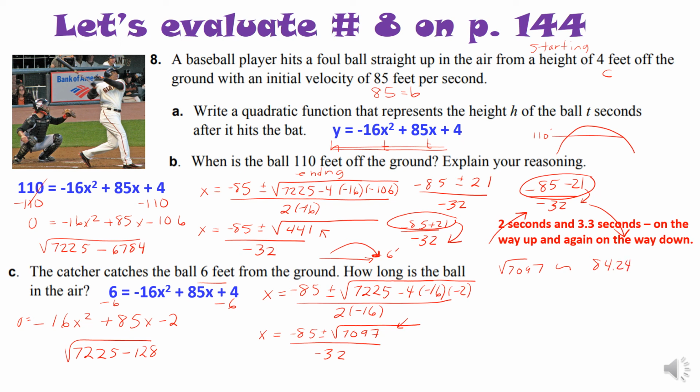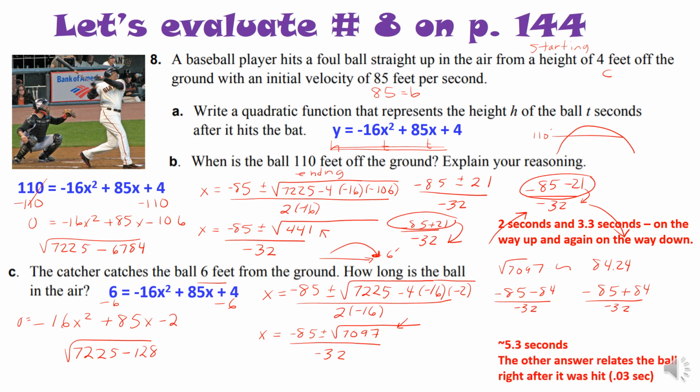So our two formulas are going to be negative 85 minus 84 over negative 32, and that one equals negative 169 over negative 32, which gives us an answer of approximately 5.28. And the other answer is negative 85 plus 84 over negative 32, and that represents negative 1 over negative 32, and that represents how quickly the ball started.